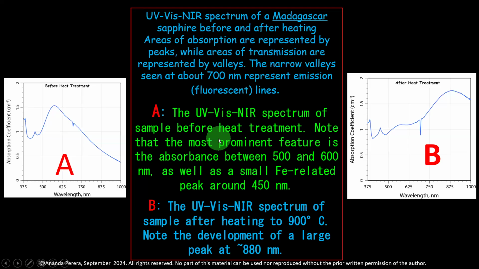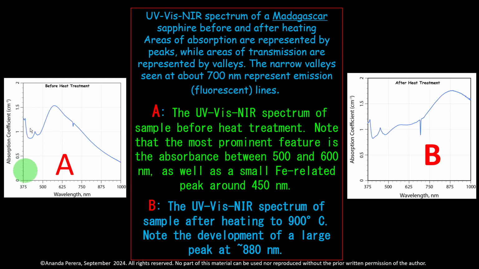Okay, we are moving to the next. Look at here: ultraviolet, visible, near infrared spectrum of a Madagascar sapphire, before and after heating. This is before heating. This is after heating. Look at the differences there, with the absorption spectra. Wavelengths are on the x-axis, up to 1000.